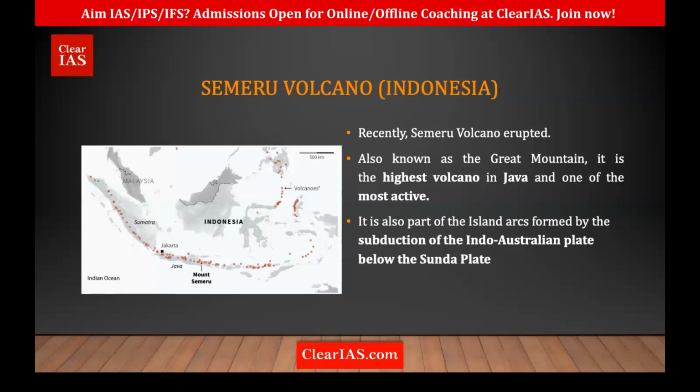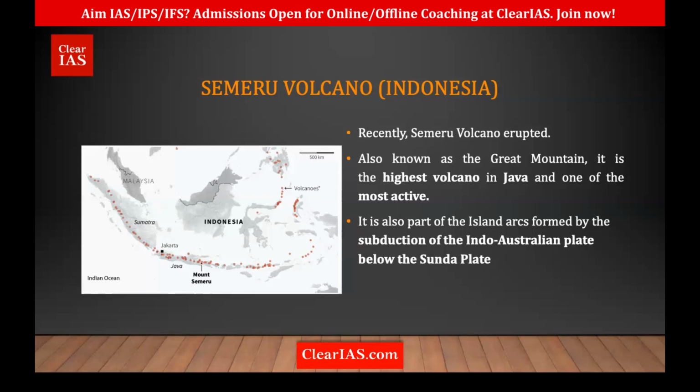So in this case, it is a subduction of the Indo-Australian plate below the Sunda plate. So this Indo-Australian plate is going below who? The Sunda plate. The Sunda plate is also part of the Eurasian plate. So this Indo-Australian plate is going below the Sunda plate. That is why there is Mount Semeru which is erupting.